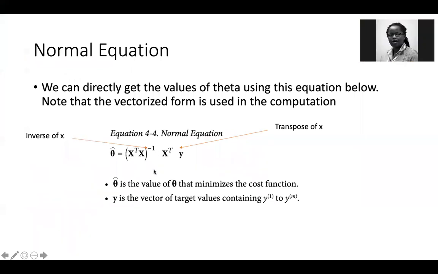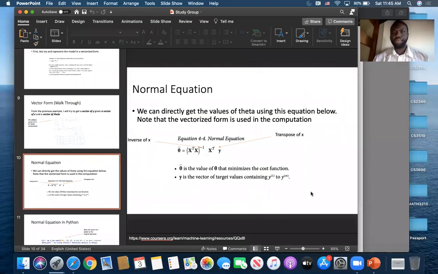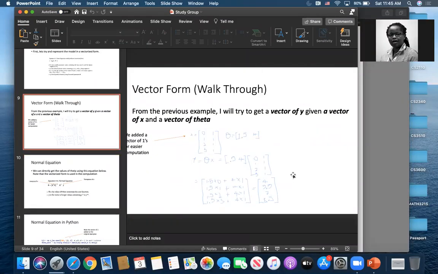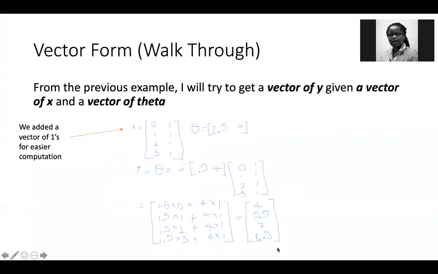I have a question for you, Chima, that I think may be helpful. Why are we adding ones? I think it's something about understanding matrix multiplication, right, with the dimensions. So what's x? It's a 4 by 2 matrix, right?